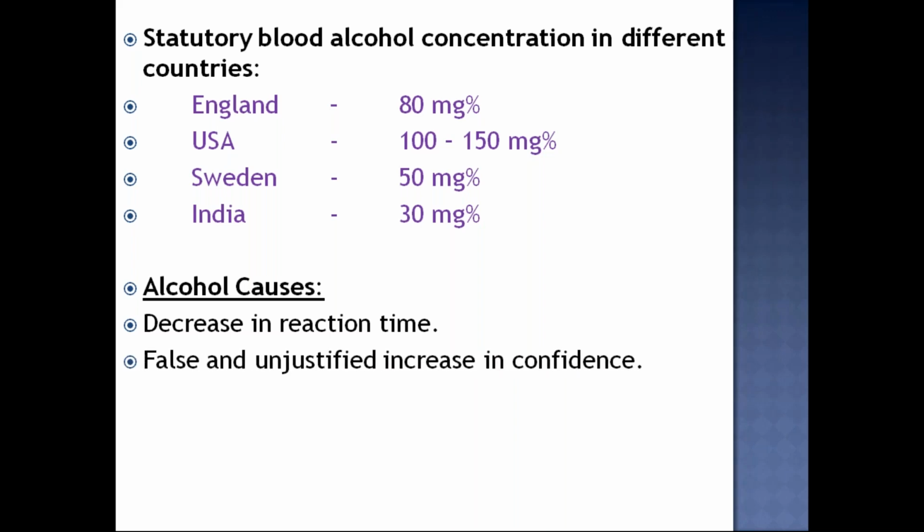Then, a false and unjustified increase in confidence. Alcohol will cause a false and unjustified increase in confidence. There is no real confidence, but the confidence increases because of the removal of inhibition. The inhibitory action which is present in normal individuals will be removed by the presence of alcohol in the blood, thereby leading to false confidence.